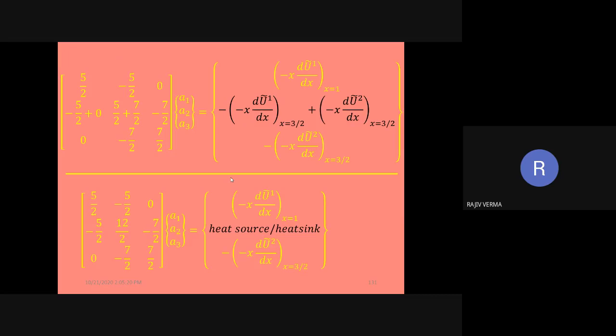Now coming to the right hand side of equation number 1 and equation number 3.